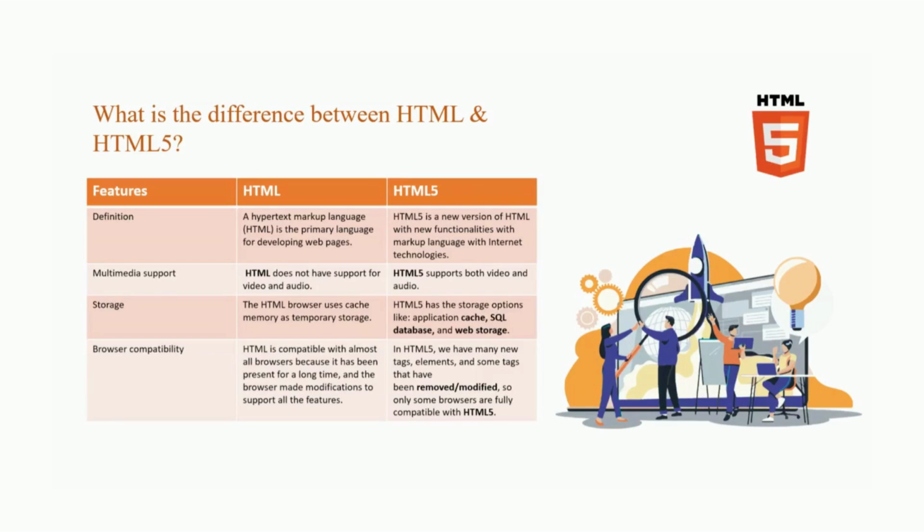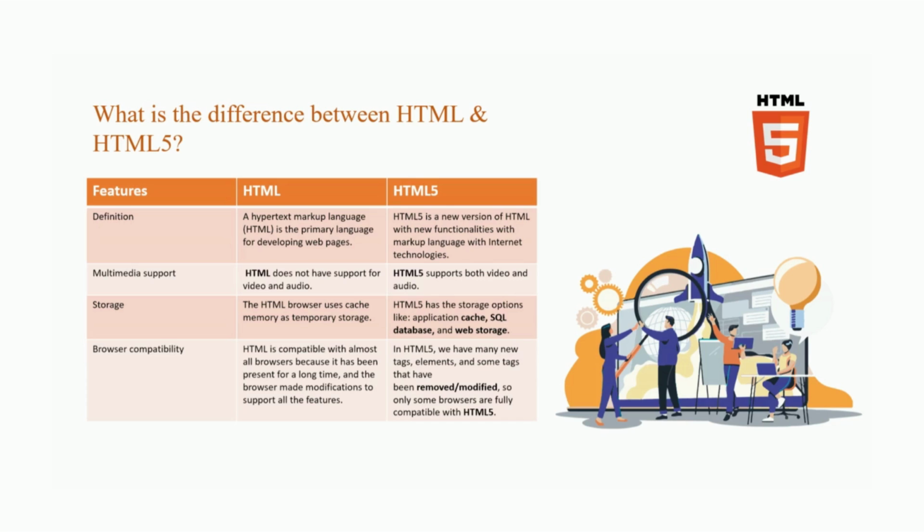What is the difference between HTML and HTML5? In terms of definition, HTML, Hypertext Markup Language, is the primary language used for developing web pages, whereas HTML5 is a new version of HTML with new functionalities, a markup language with internet technologies.